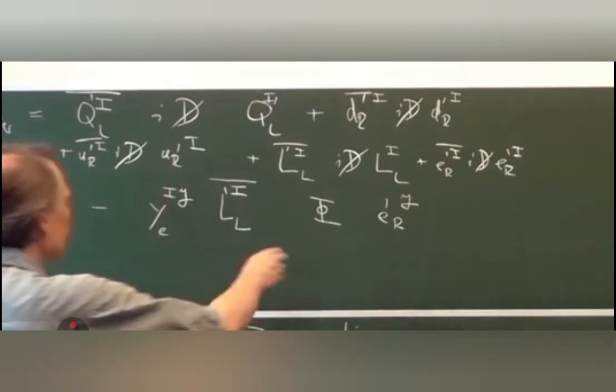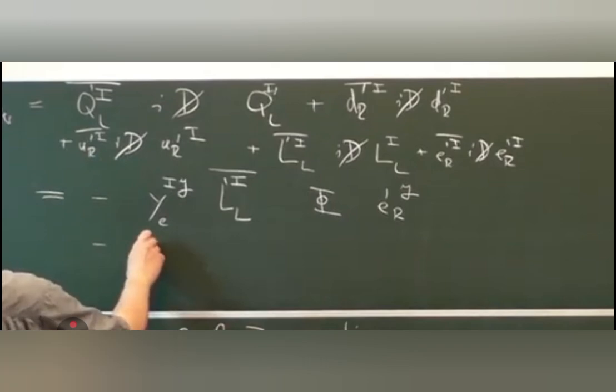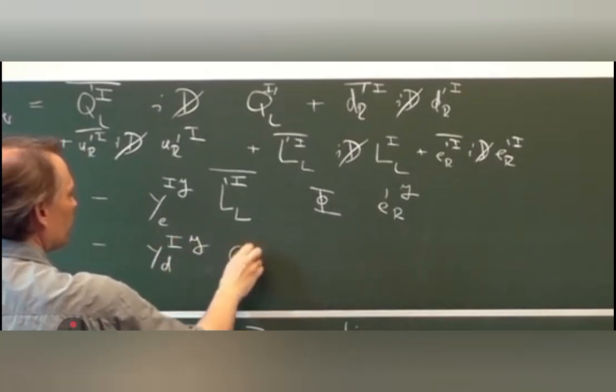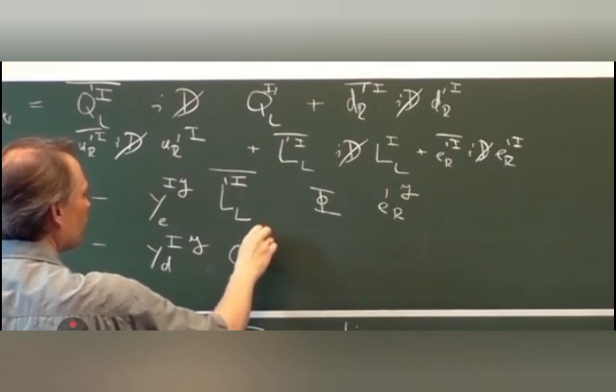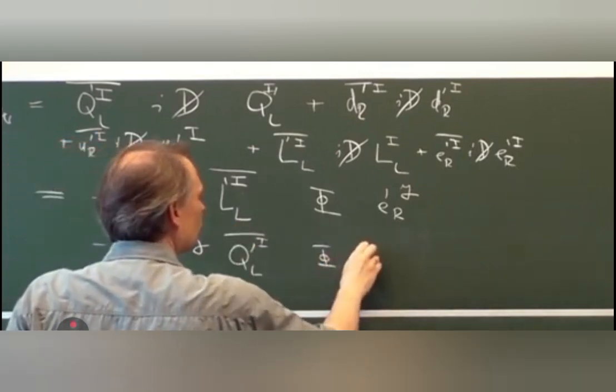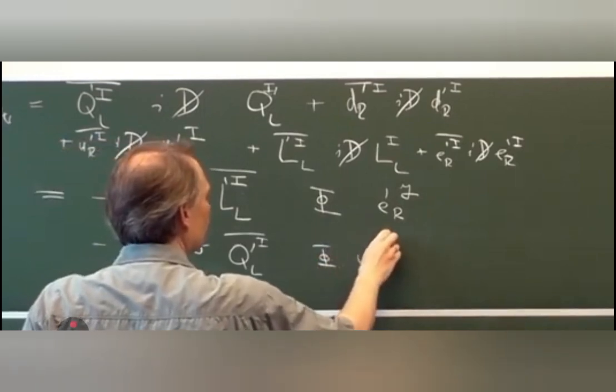Okay, and the same for the quarks. Then for the down quarks, ij, then here ql prime i bar phi dr prime j.